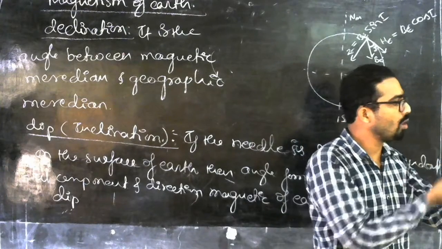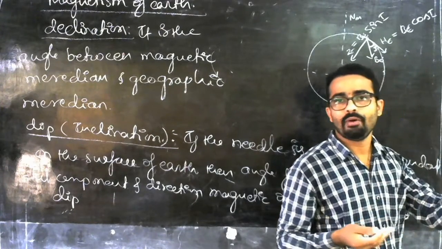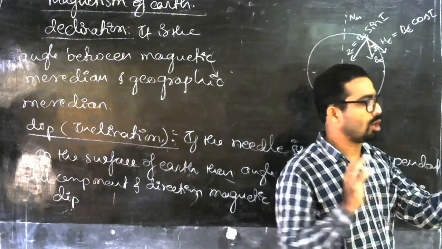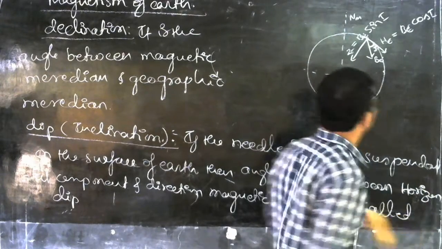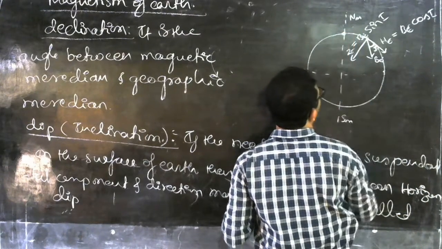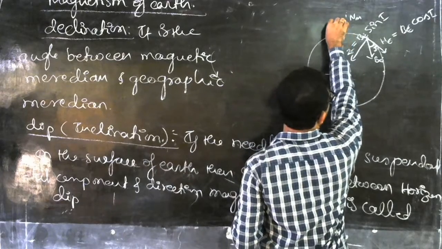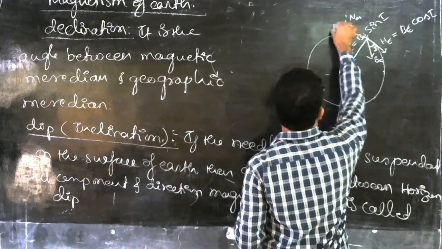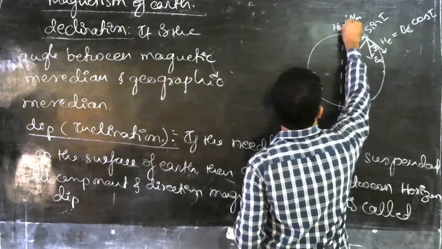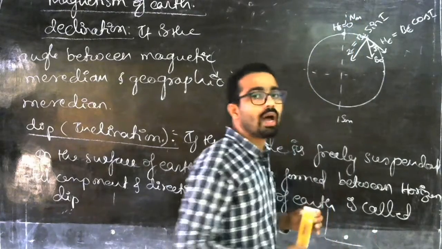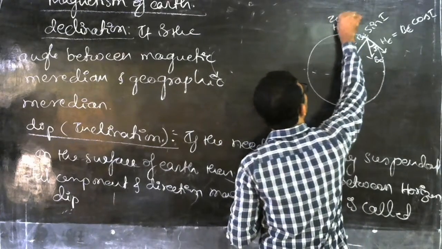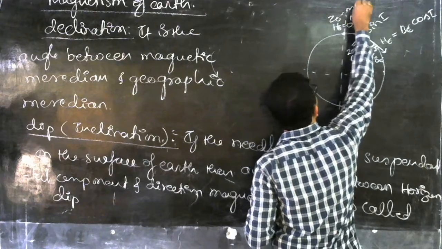At the pole, we can only have a vertical component and the horizontal component will be 0. So at this pole, horizontal component H is equal to 0 and ZE, the vertical component, is a maximum.